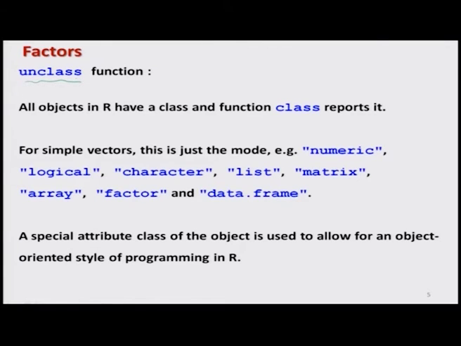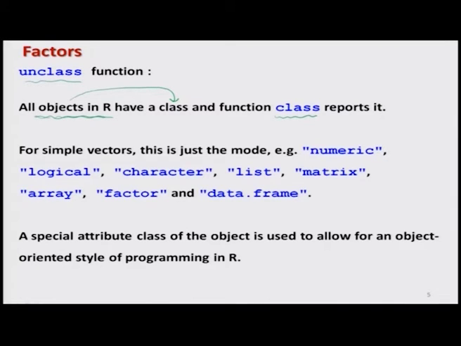Whenever we are dealing with the R software, all the data is in the form of some object, and every object in R has a class. But how to know what the class is? For that we use a function class, CLASS, all in small letters, and this class function reports what the class of an object is.